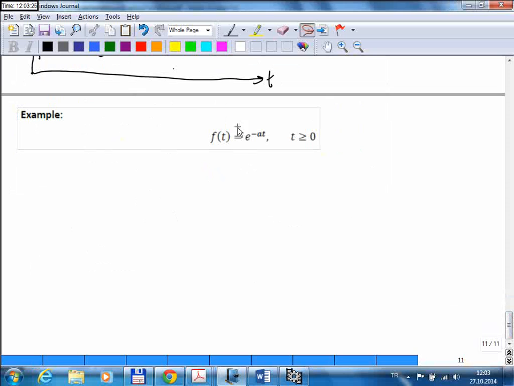Okay, so let's now find the transform of this using the properties. Okay, first let me tell you that this function is defined in the positive time range, and you can equivalently write as e to power minus at times u of t.